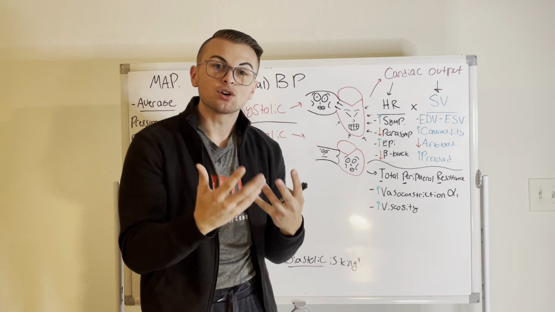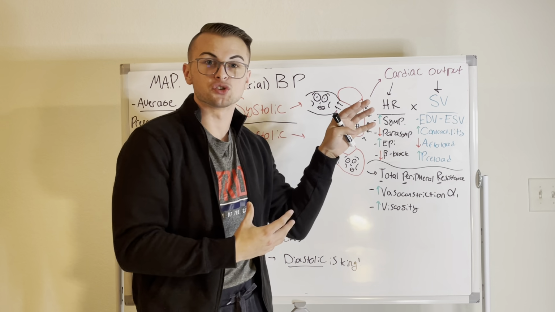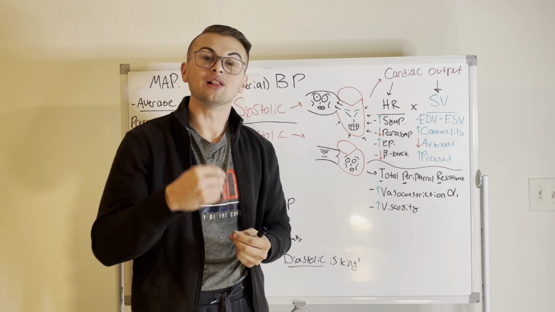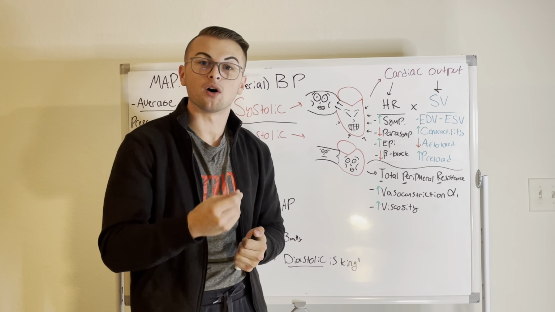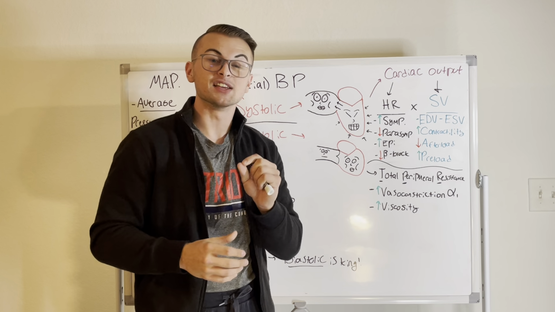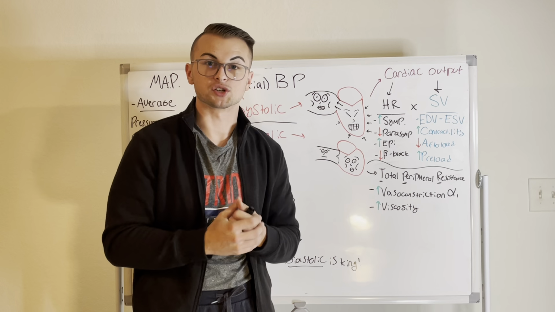We are decreasing that pressure in the aorta that's fighting against our ventricle. Specifically, these medications would allow for less end-systolic volume, which would actually increase our stroke volume. This would increase our cardiac output and increase our systolic blood pressure.